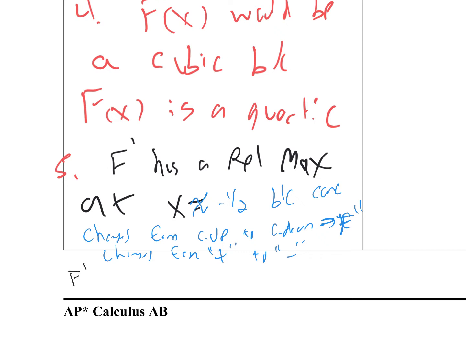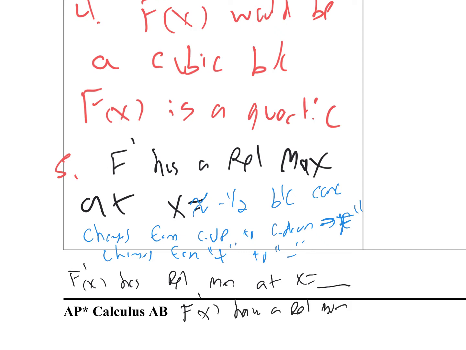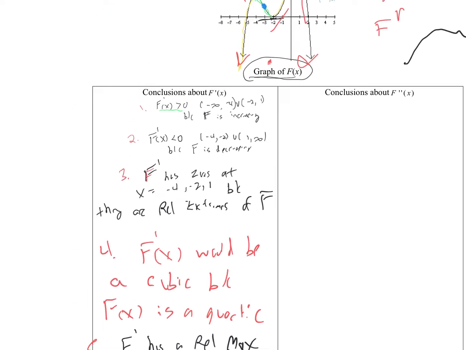Now, the opposite of that is also true then. f prime of x has a relative min at x equals something. I'll look for that in a minute. That would be because f prime would have a relative minimum. Let's see, where would that be at?